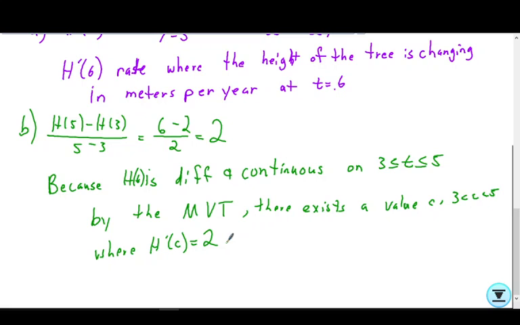So the two main concepts are my average slope and the mean value theorem. And the mean value theorem literally says if your function is differentiable and continuous on a closed interval, and you know the average slope between those 2 points, there has to be somewhere in between there where the derivative equals the average slope. So you can see we're starting to put together a bunch of different ideas here. And you've got to make sure that you know these.